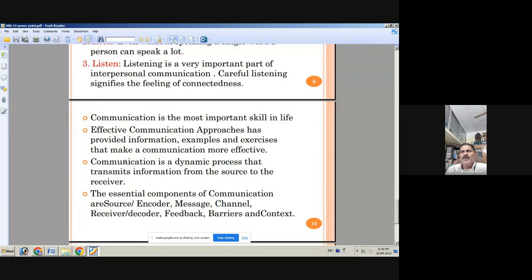So an effective communication approach is always ready to provide information. And you know that some examples you will have to give, and some exercises you will have to practice. If you do all these things, then it will be more effective.